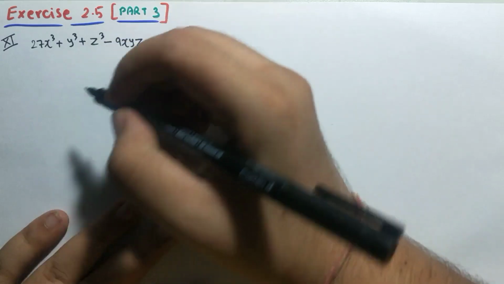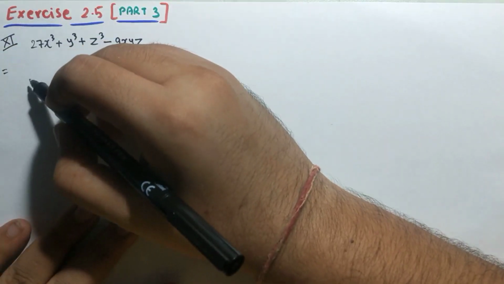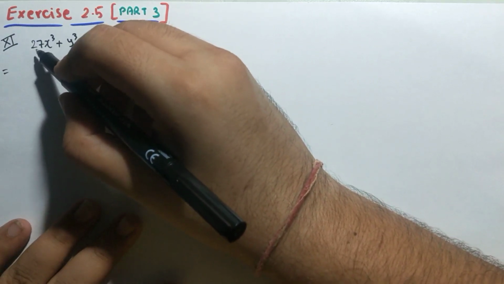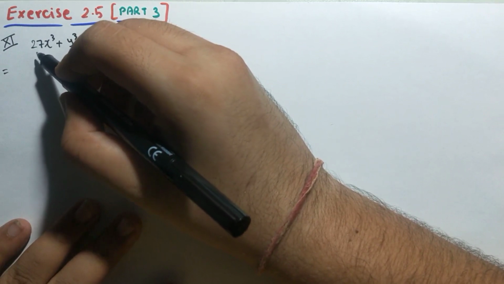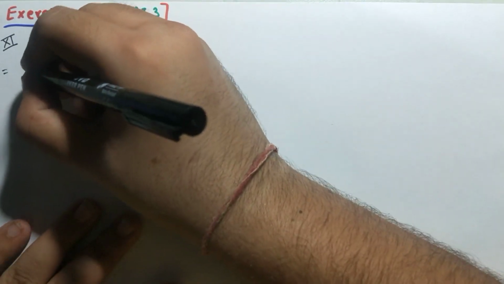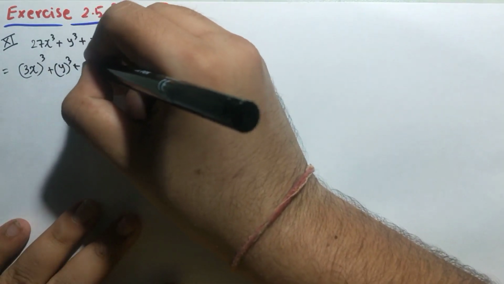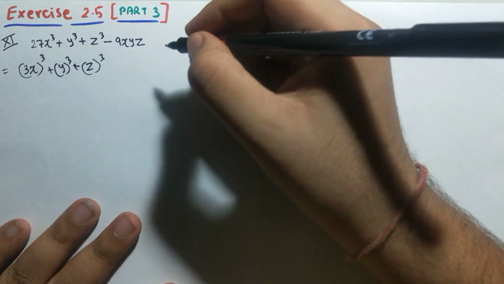If there are 3 cubes, first of all, write them in cube form. 27 is the cube of 3, so the first term is the cube of 3x. The second term is the cube of y, and the third term is the cube of z.